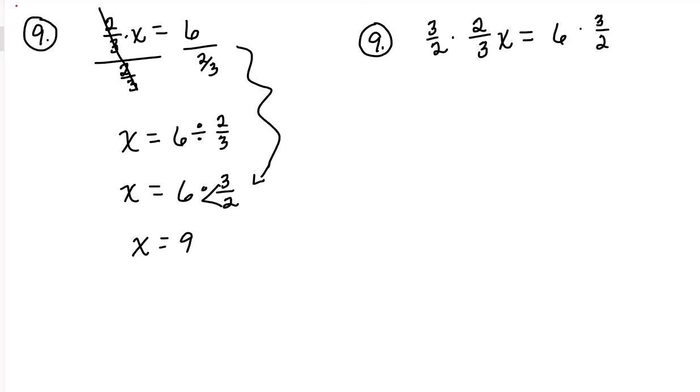Now on the left-hand side, what you have here when you multiply this out is 1 times x, which is just x. On the right-hand side, you end up with 9, so x equals 9. So either way you do the problem is okay, but we're going to use this method over here on the right-hand side. Take the reciprocal and multiply.